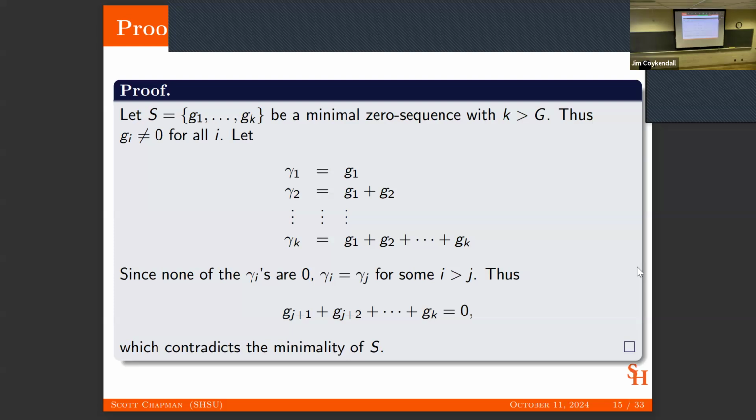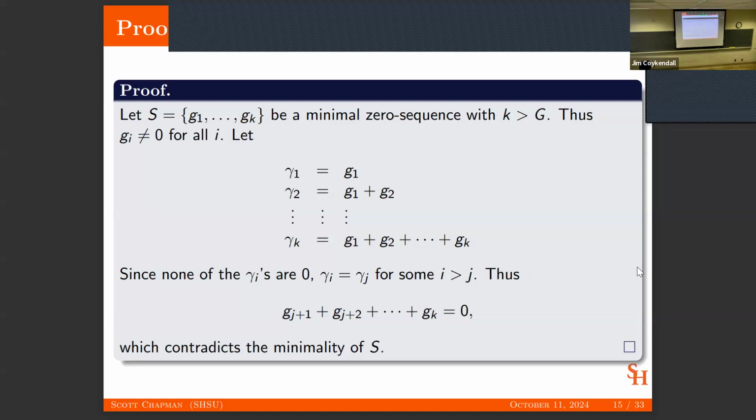Okay. Here we go. Since none of the gamma i's are 0, gamma sub i equals gamma sub j for some i bigger than or equal to j. In other words, k is bigger than the order of G. There's got to be 2 elements on this list that are equal. Okay, so gamma i and gamma j have to be equal for some, let's say, i strictly bigger than j.